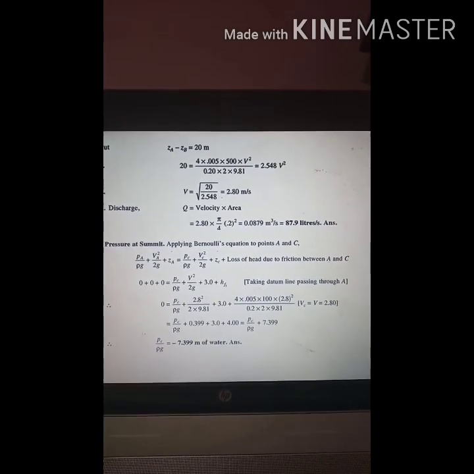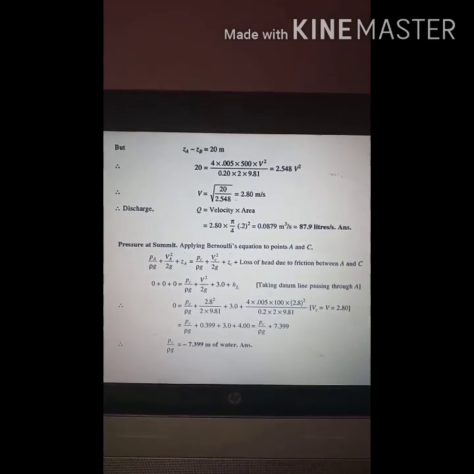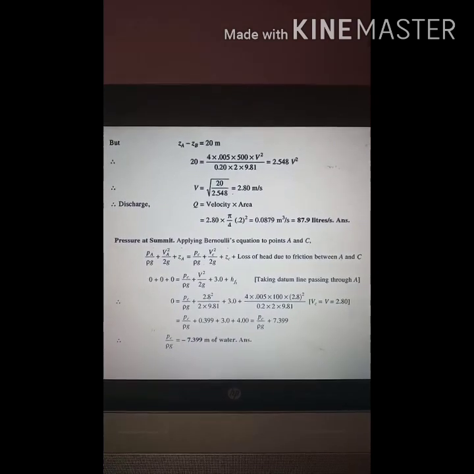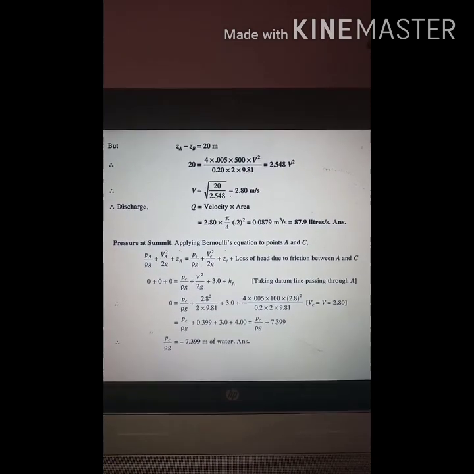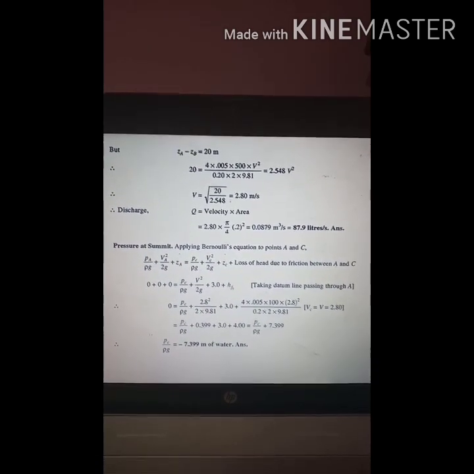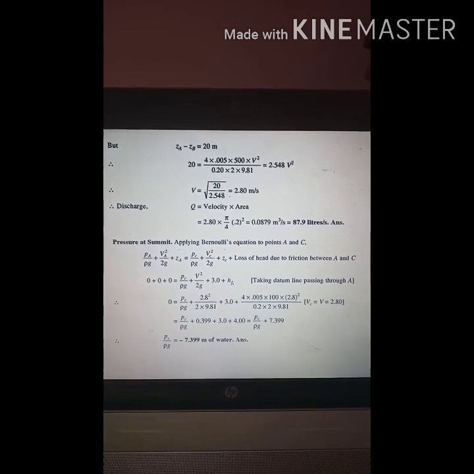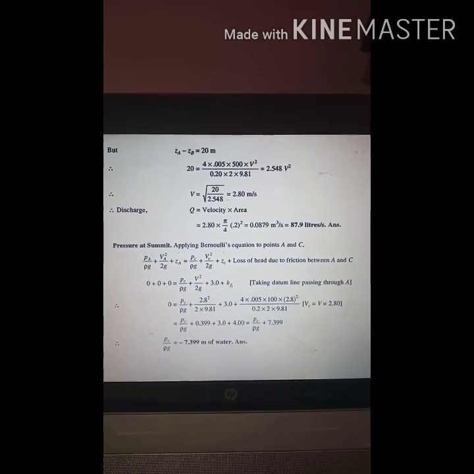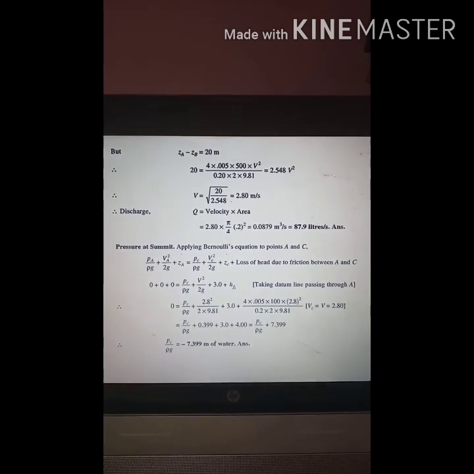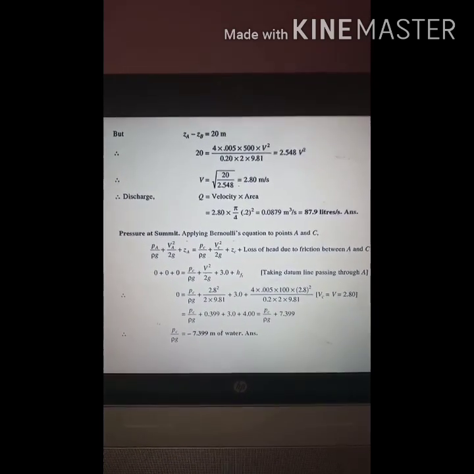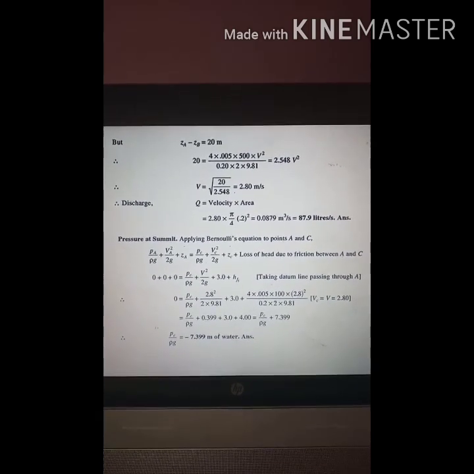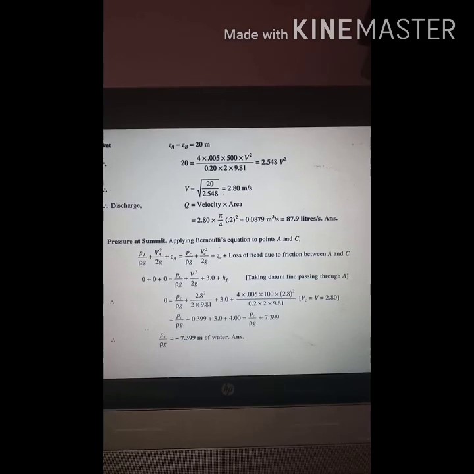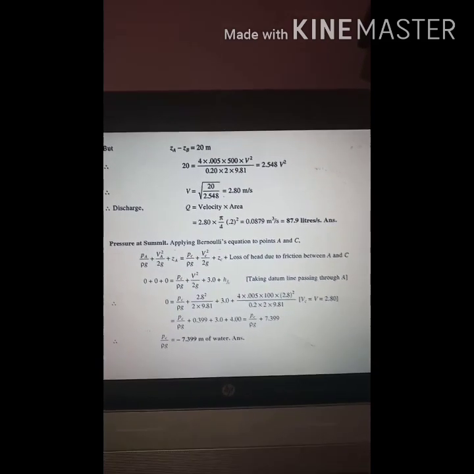And if you calculate the absolute pressure by adding the atmospheric pressure, 10.3 minus 7.39, I think it will come above 2.3 meter of water, absolute pressure of water, and hence it is okay to have the vacuum pressure of minus 7.399.